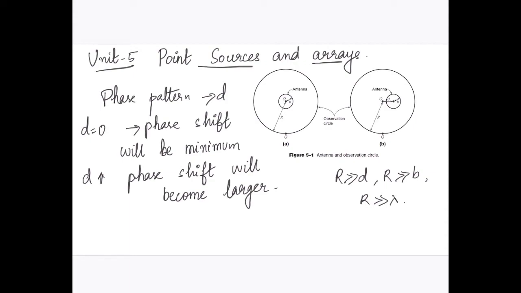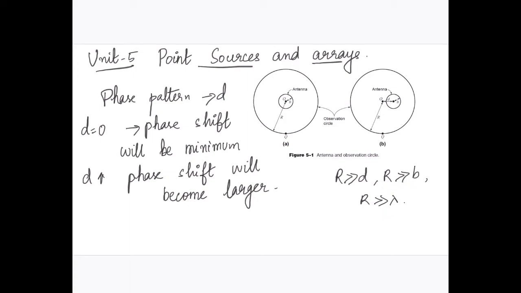Here, the center O of the antenna coincides with the center of the observation circle. If the center of the antenna is displaced from O, even to the extent that O lies outside the antenna, the distance d between the two centers will have a negligible effect on the field patterns at the observation circle, provided r is very much greater than d, r is very much greater than b, and r is very much greater than lambda.